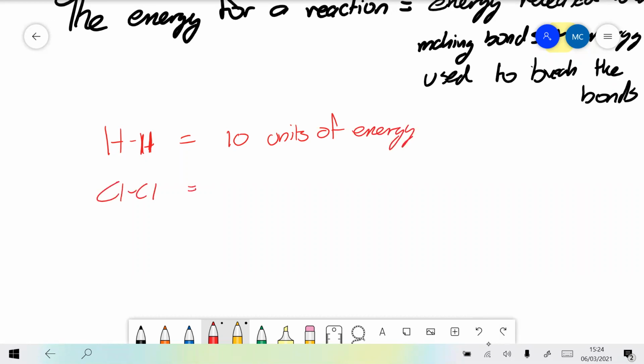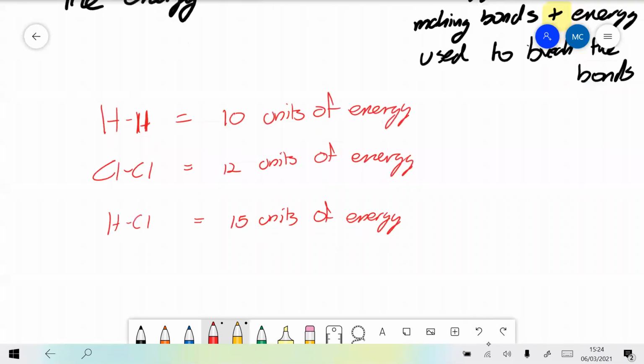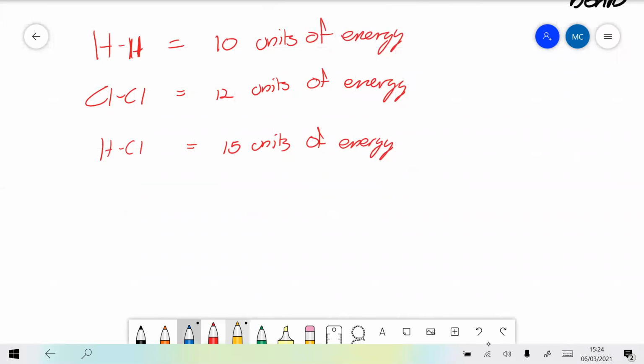Chlorine bond is equivalent to 12 units of energy. And HCl bond is equivalent to 15 units of energy. Okay, so here I am inventing the numbers. I am only using these numbers for this example.